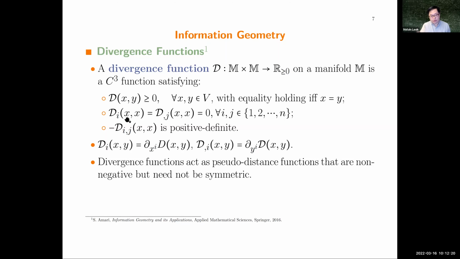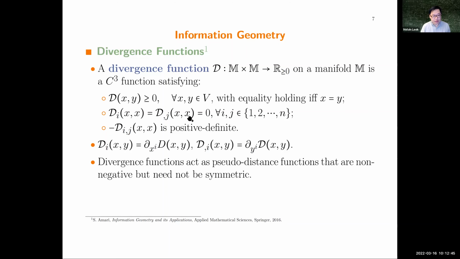And so you should think of the points here as being probability distributions, right? And here there's some notation which I should mention. If I do a subscript i, I mean I differentiate this divergence function with respect to the ith component of the first variable, and then there's a comma j here, and that means I'm differentiating with respect to the jth component of the second variable.